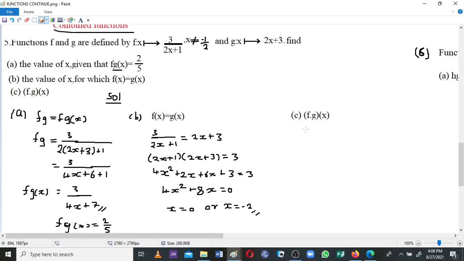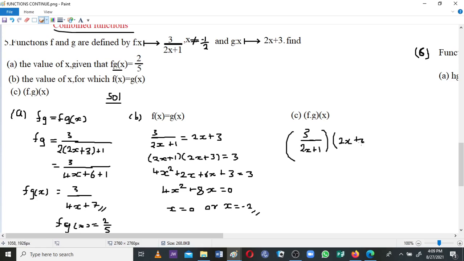So this one we are going to multiply. We have our function f, which is 3 over 2x plus 1. We are multiplying, so we can just use brackets. Our function g(x) is 2x plus 3.